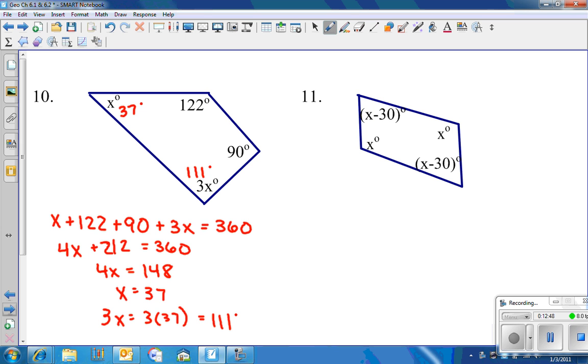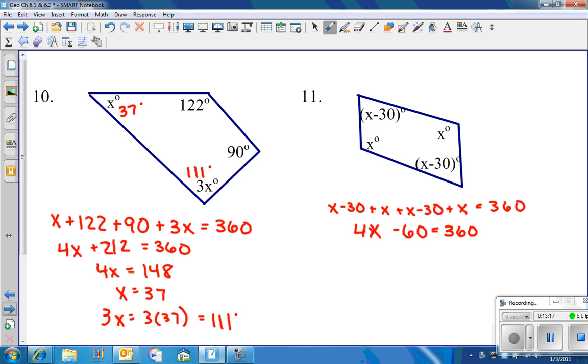On 11, you've got x minus 30 plus x minus 30 plus x plus x, all equals 360 degrees. Combine like terms. Oops, 4x minus 60 equals 360.